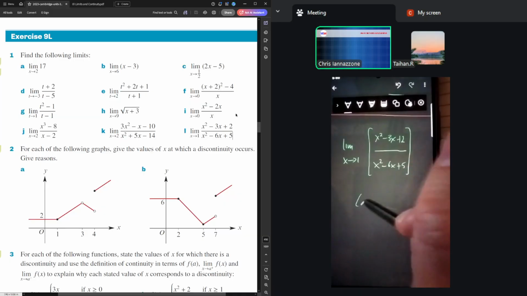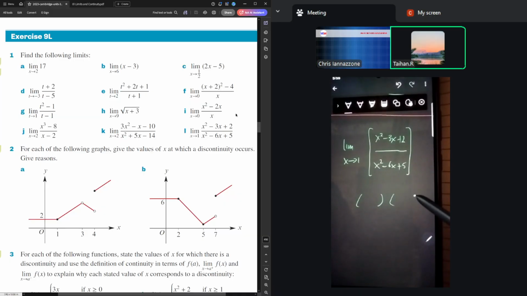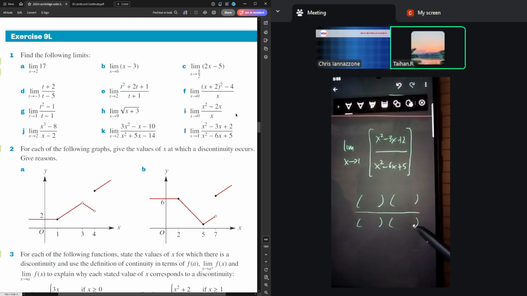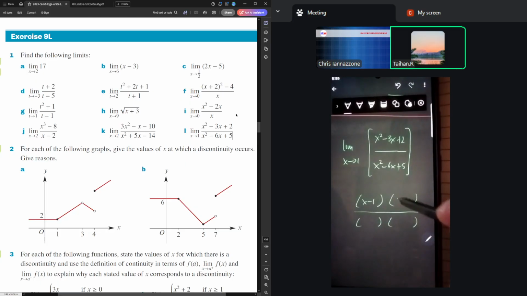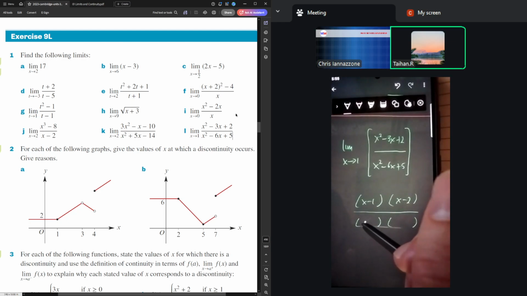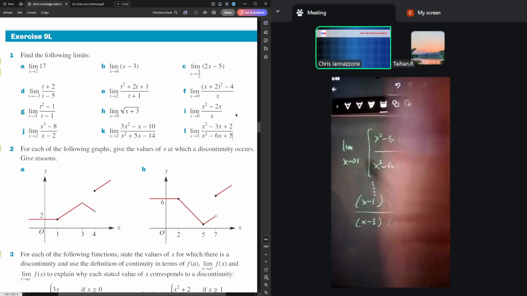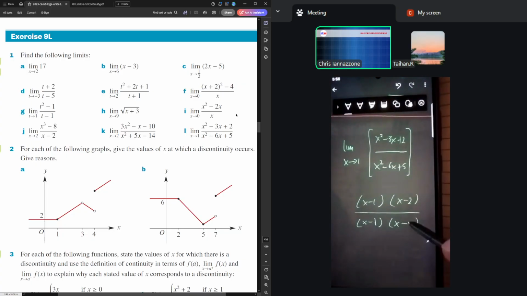Yep. So the numerator gives us x minus 1 times x minus 2. And then I'm doing the bottom one. When we factorize the denominator, we get x minus 1 times x minus 5. Yeah, that's the one.